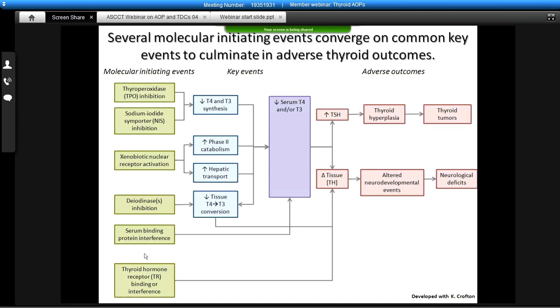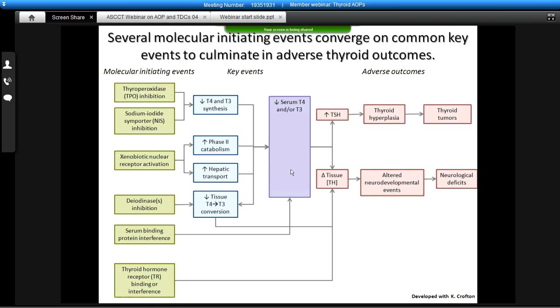So you can see, in contrast to endocrine systems that we typically think about, like estrogen or androgen, the thyroid hormone receptor is really one of a much larger set of molecular initiating events that essentially result in decreases in circulating T4 or T3 concentrations.